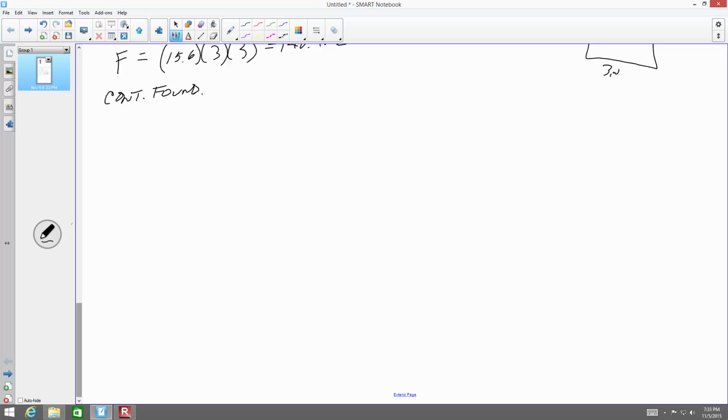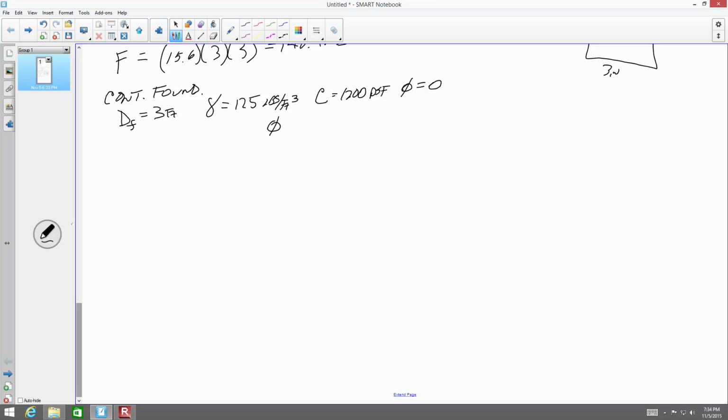Shallow foundations. Continuous foundation. Some of you get to cheat on this because you're in foundations class right now. The foundation is 3 feet in the ground, so D sub f is 3. In a clay, it tells you the unit weight's 125 pounds per cubic foot. It says the cohesion is 1200 PSF, and the friction angle equals 0.